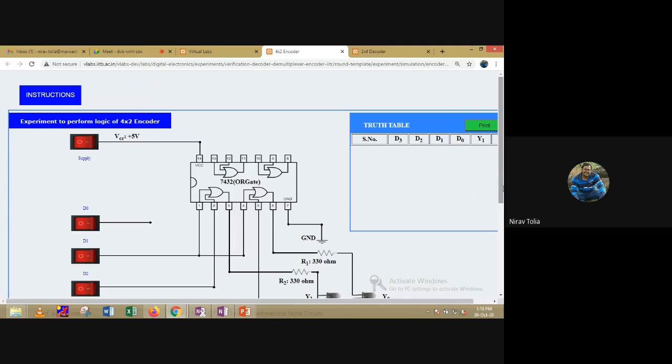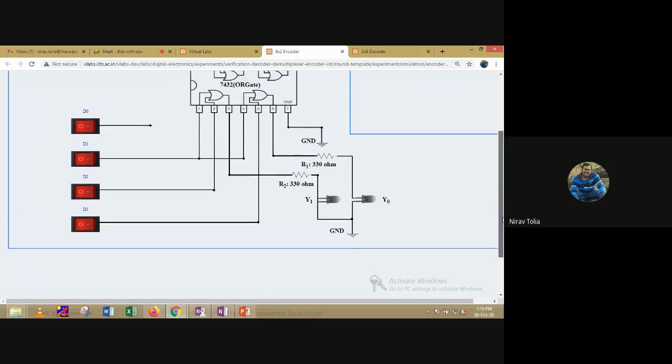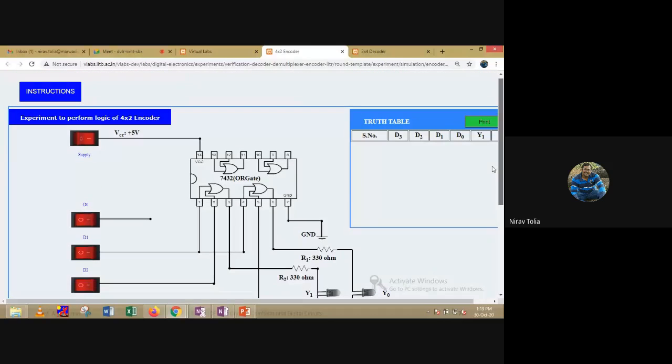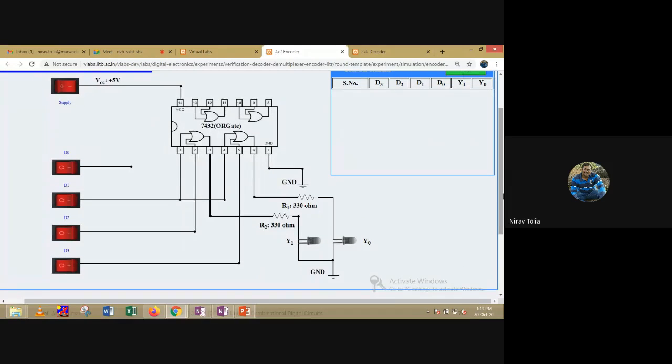Here we do not have to connect D0, because when you are not giving anything, your output is 0 0 only.